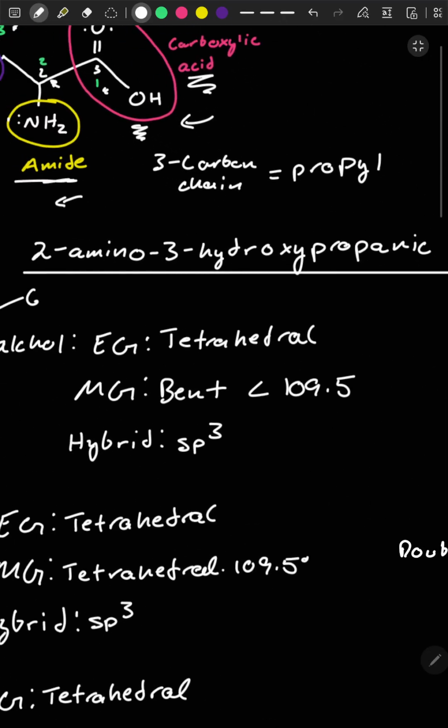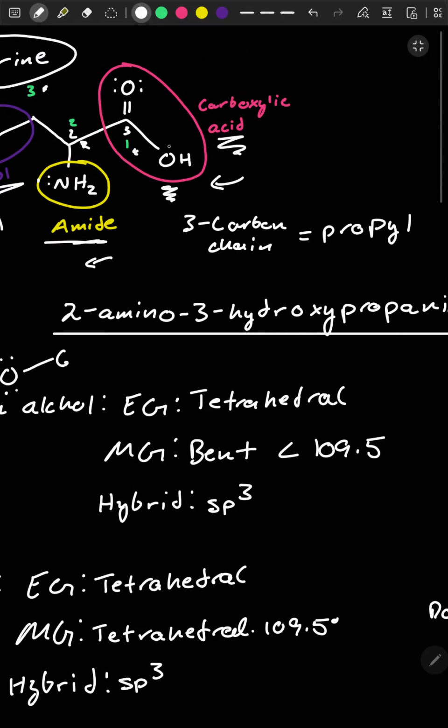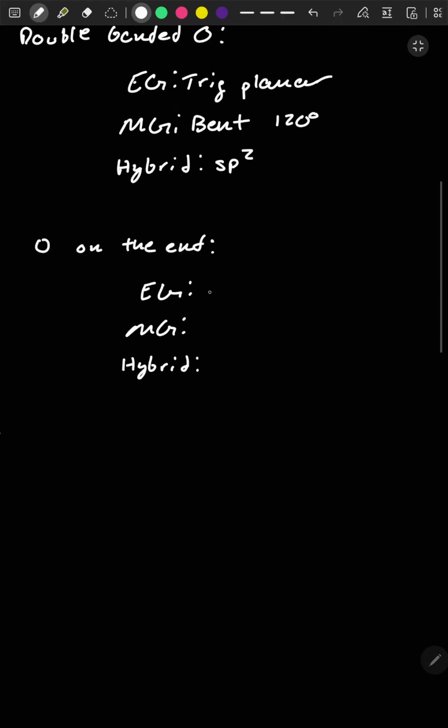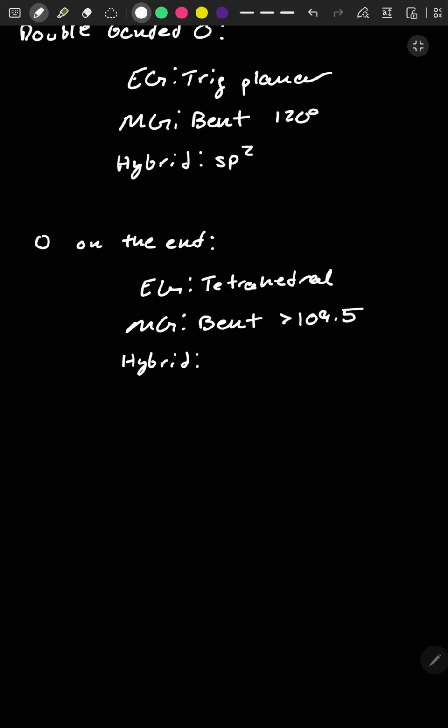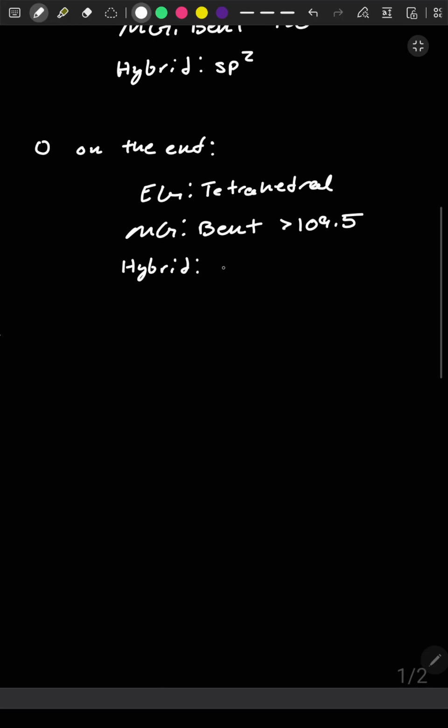Well, we see that it's going to have two lone pairs, and then it's going to be connected to a carbon, and then it's going to have a connection to also another hydrogen. So it's going to have a tetrahedral. But it's actually going to be bent, and it is going to be less than 109.5. And our hybridization is going to be sp3.